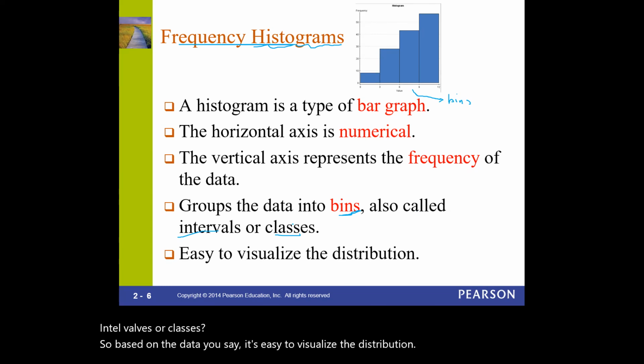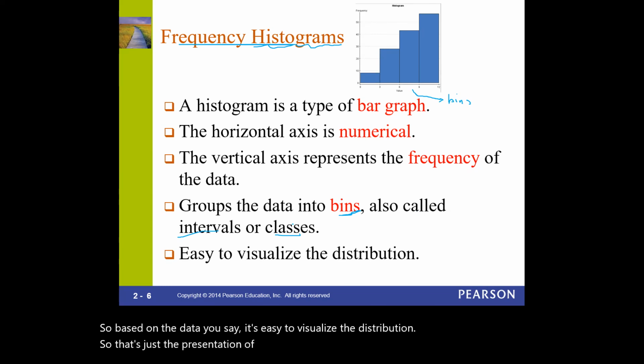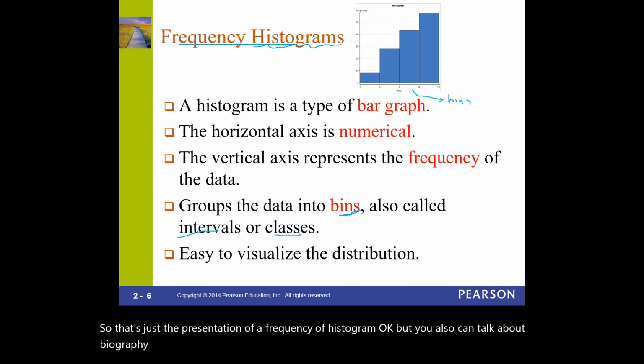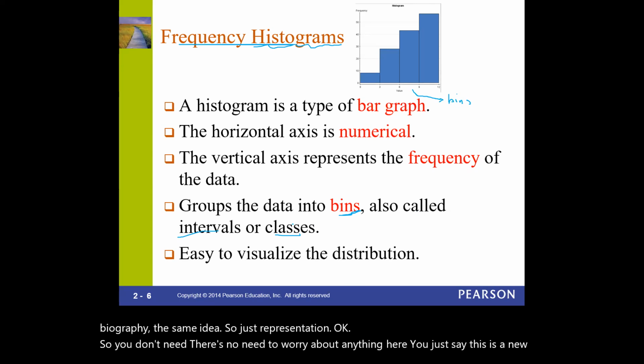So that's just a presentation of the frequency in a histogram. You can also talk about a bar graph, same idea. So there's no need to worry about anything here. You just say this is a histogram.